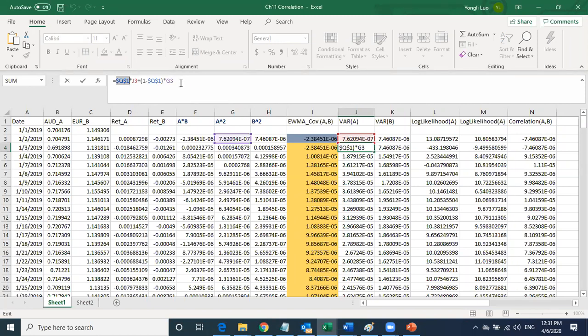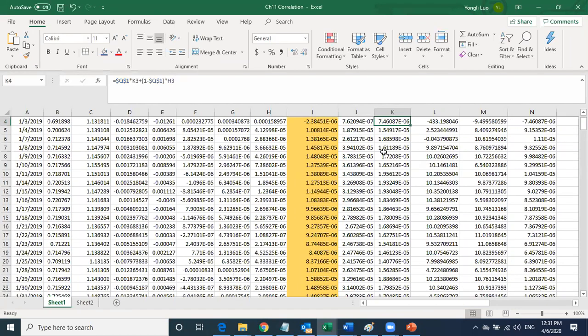Okay, so we have that using the same formula. And then the variance of B, we're using the same formula. Okay, you've got all this.